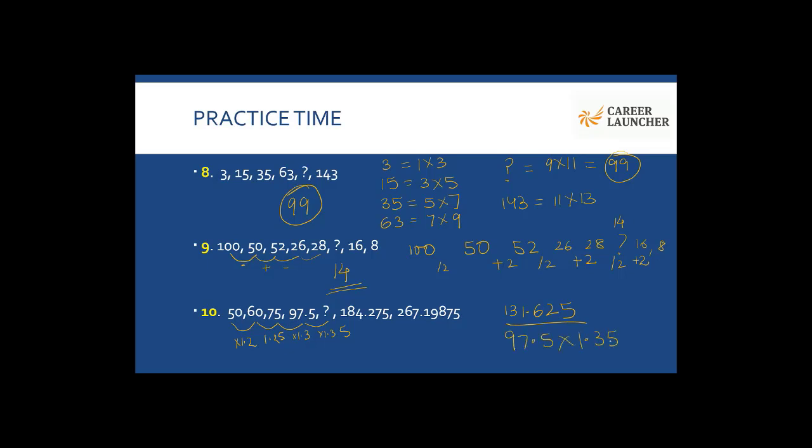And further term, here we can see there would have been a multiplication of 1.4, and from here to here 1.45. Since we can see the decimal terms are coming here, the multiplication number that we are using here would be a decimal number.